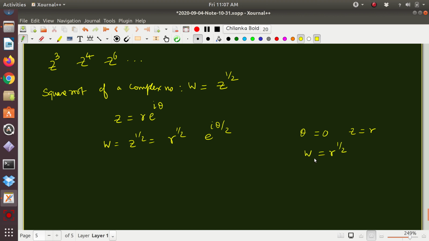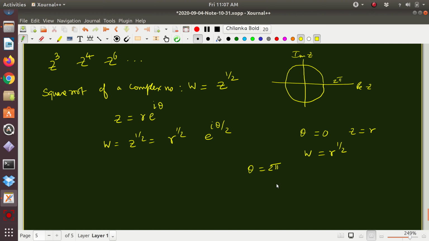Now when theta increases, suppose we draw the complex plane, real z, imaginary z, and theta increases and goes all the way around and makes a full 2 pi. This is one full circle, which is 2 pi.